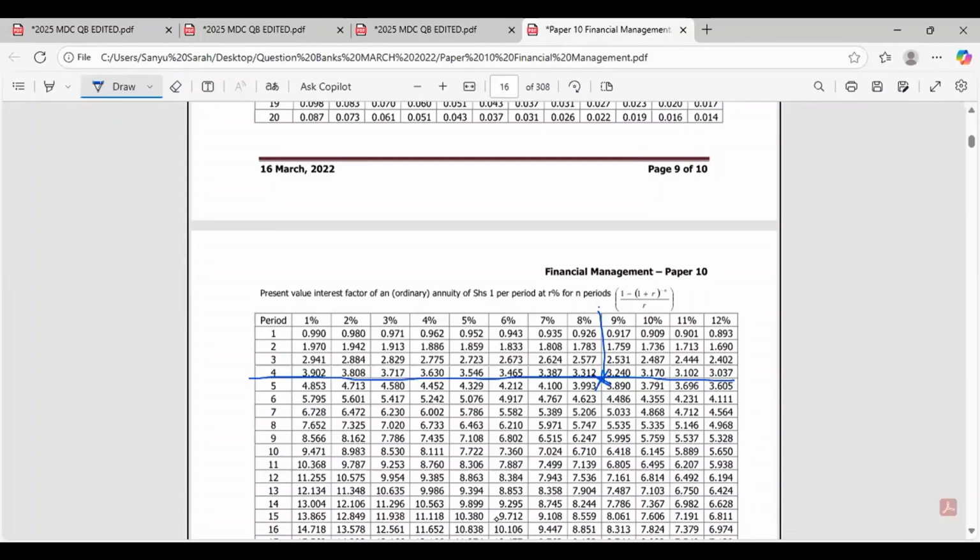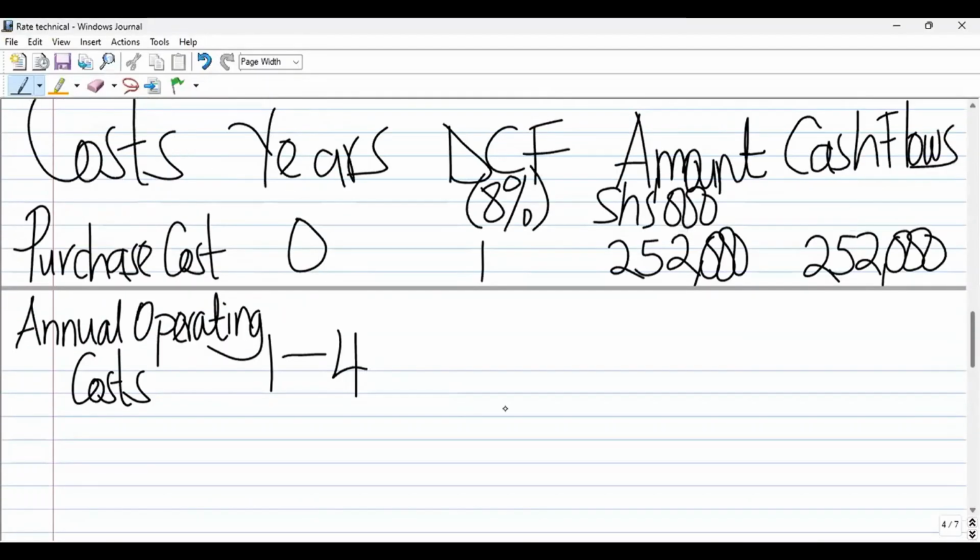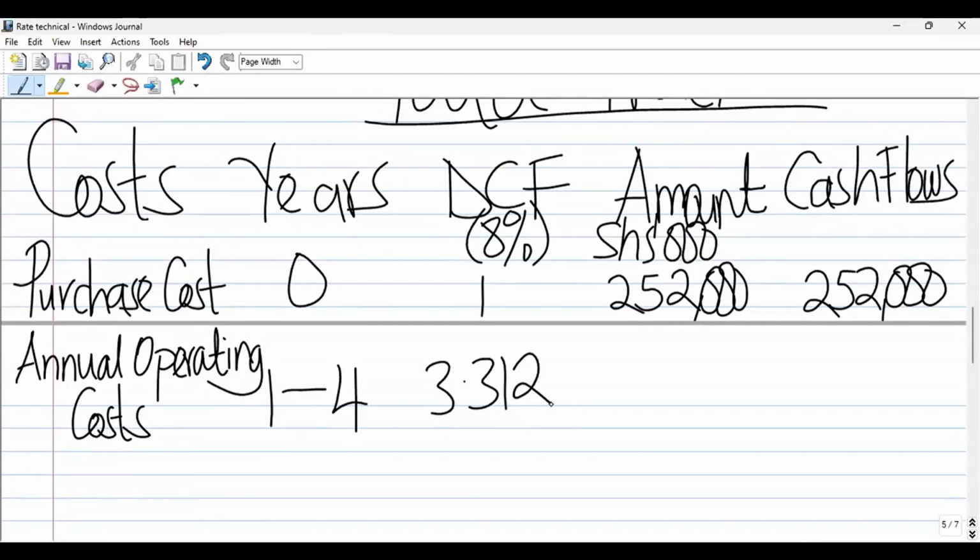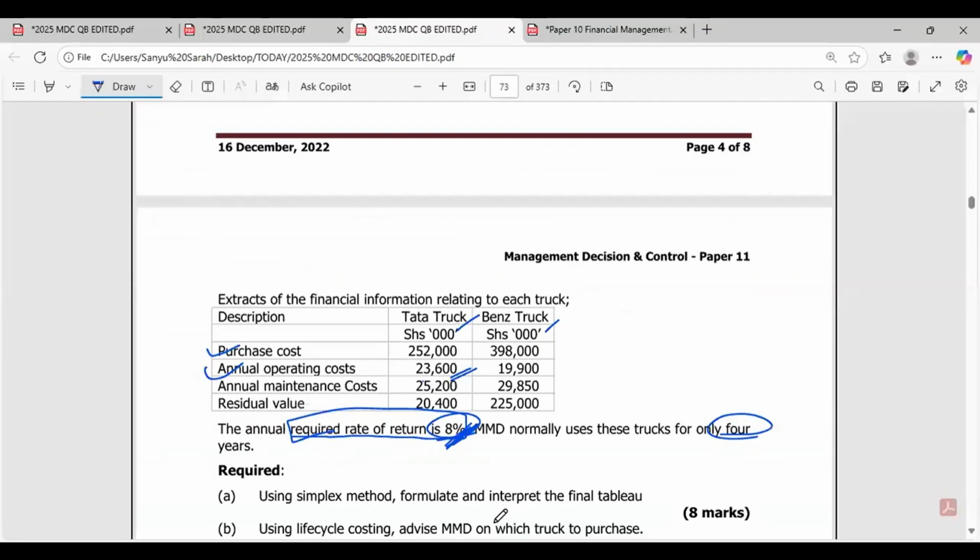So we go here and we show 3.312. The amount, that is the money that has been given to you by the examiner to use. So annually, these people on operating, they have 23,600. So come and show 23,600.